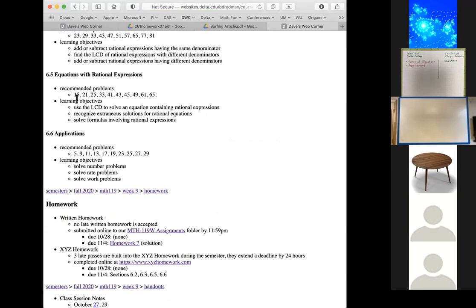The problems in 6.6 are some fun application problems. Each one of them, again, is different. Every time someone gives you an application problem, each one of them has to be approached uniquely. But they can be illustrated very nicely with the examples that he has in the book. Okay, so let's dive into it.